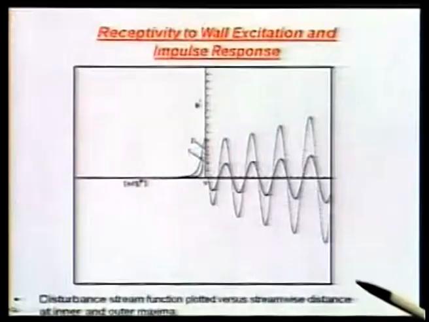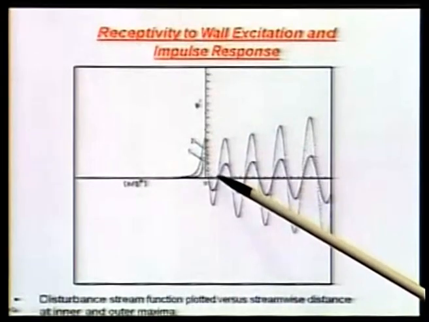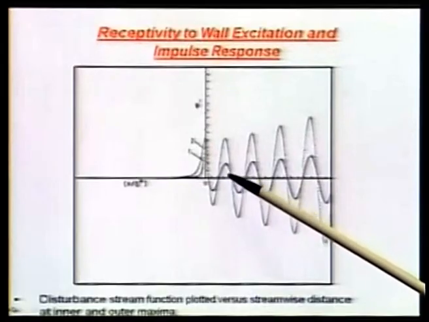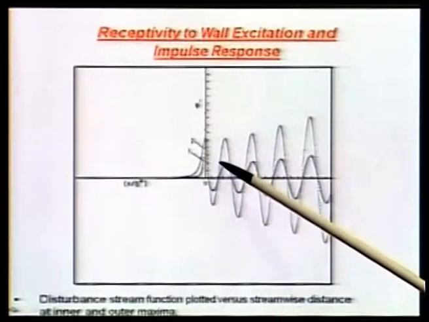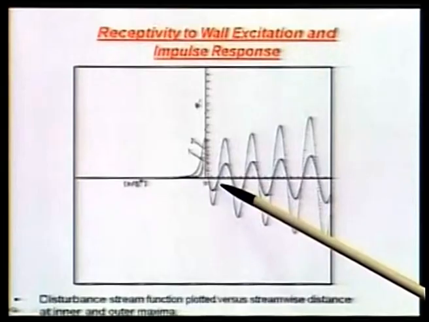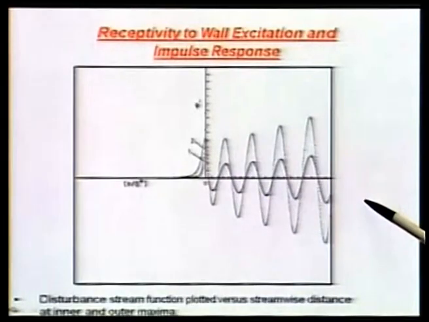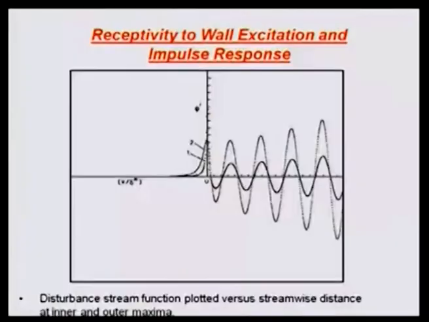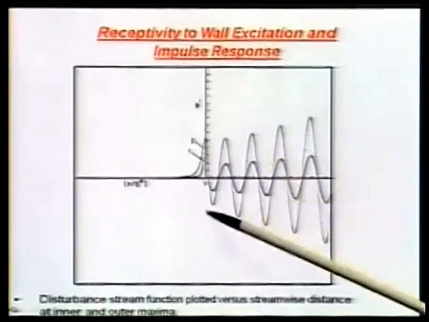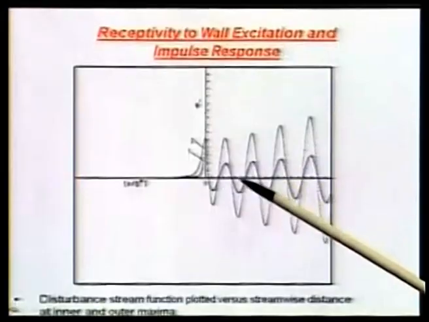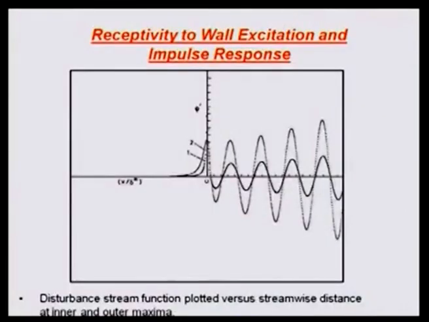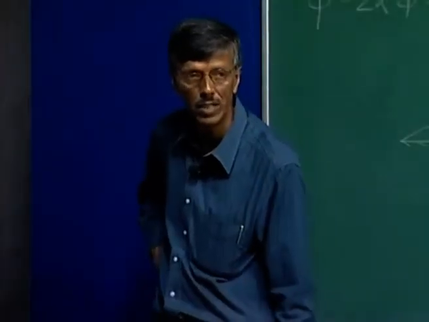But I must also tell you that even on the positive x side, immediately on this side of the exciter, the properties do not correspond to what you see in there. Why? Because that is what I told you. In the neighborhood of x equal to 0, the contribution does not only come from the eigenvalues, it comes from alpha going to infinity also.